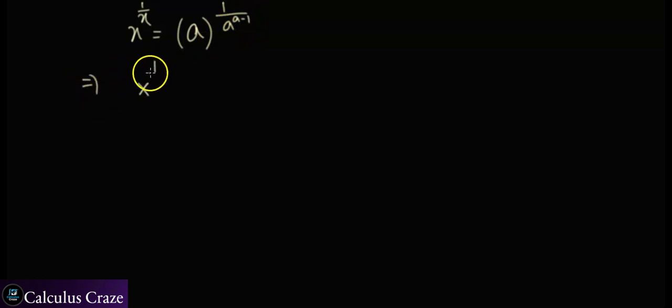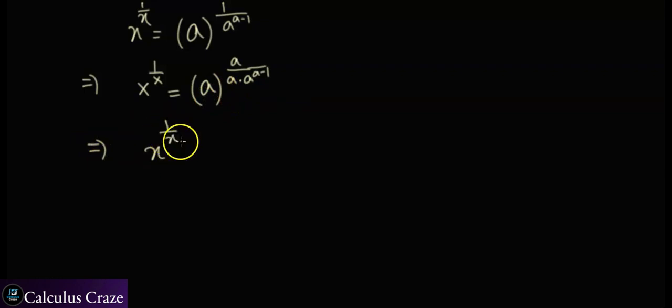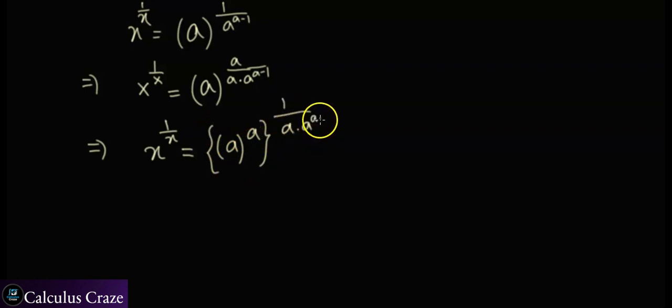Then I can do what? I can play with this in this manner. I will take this, and I will multiply and divide a in this power. So a over a times a minus 1. Then I can proceed ahead. It will give me x raised to the power 1 over x equal to, so I can write this as a raised to the power a, and all of this raised to the power 1 over a times a minus 1.